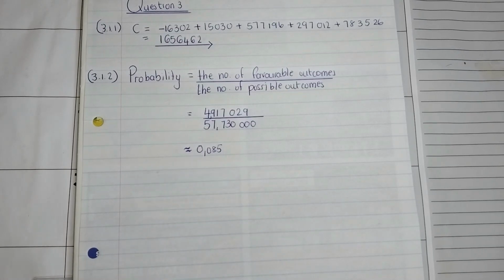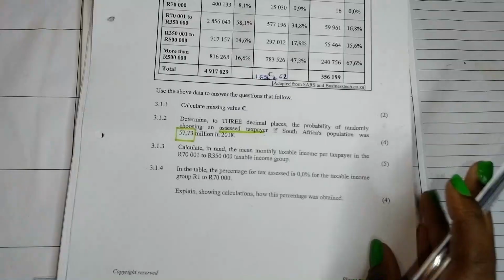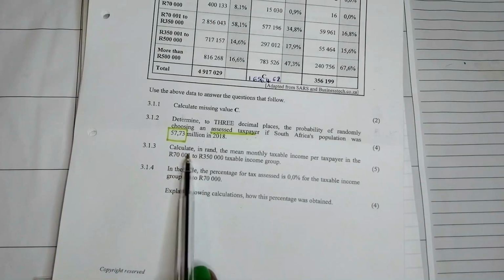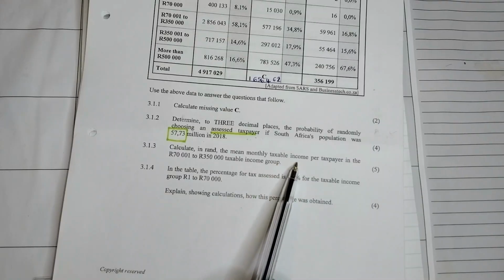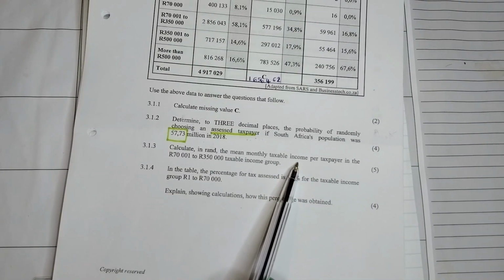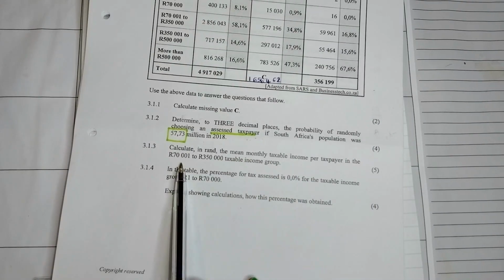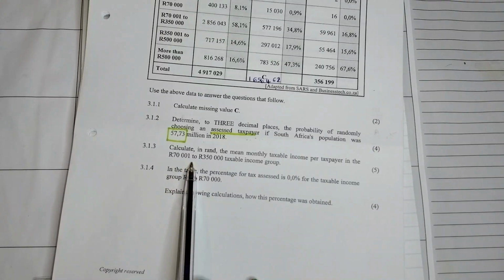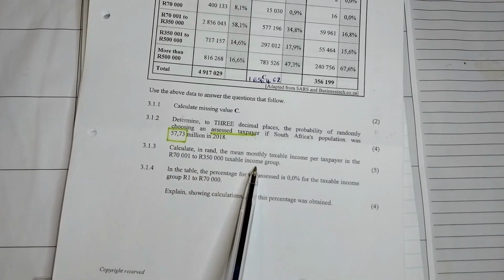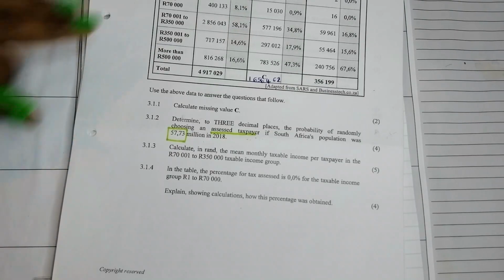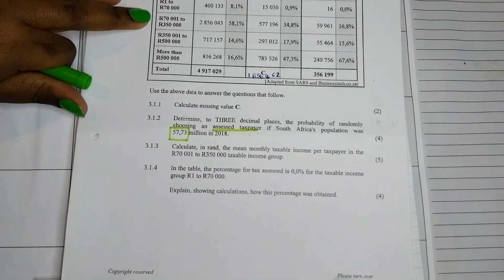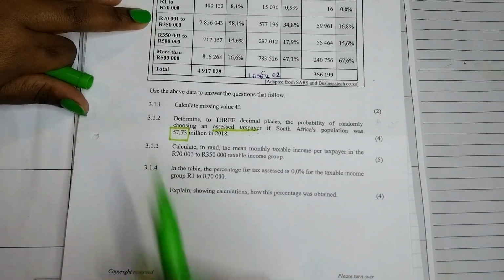Okay, let's move on to question 3.1.3. It says calculate in rands the mean monthly taxable income per taxpayer in the 70K to 350K taxable income group, right? So we're going to be focusing on the 70K to 350K taxable income group.